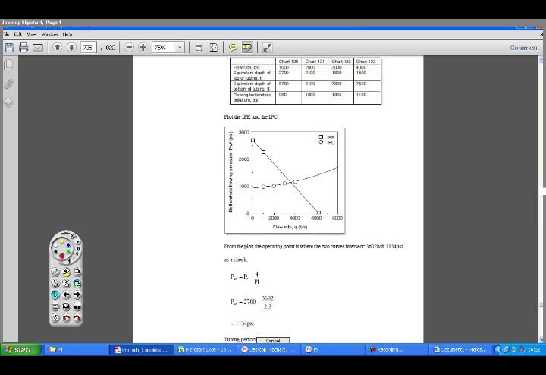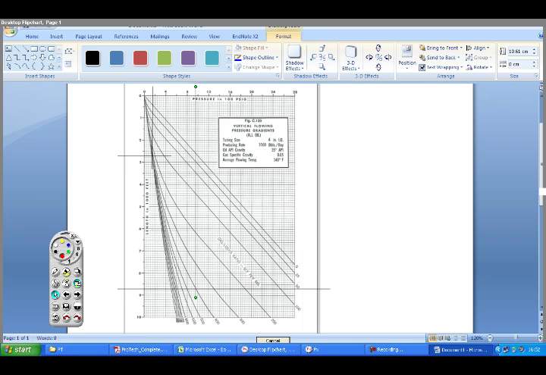If you want to find the operating point, you have to plot the inflow performance and outflow performance relationship on the same graph and find the intersection point. Normally we are able to use equations when we are plotting inflow performance relationship, like in this case we used the linear PI equation. However, if we are plotting our outflow performance relationship, we normally have to use charts. And as I said, in order to use a chart, you have to start with your wellhead pressure.